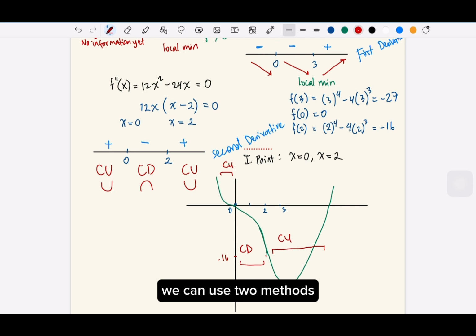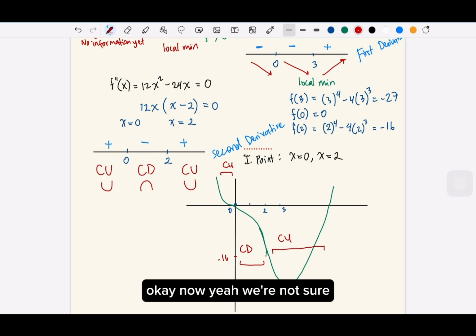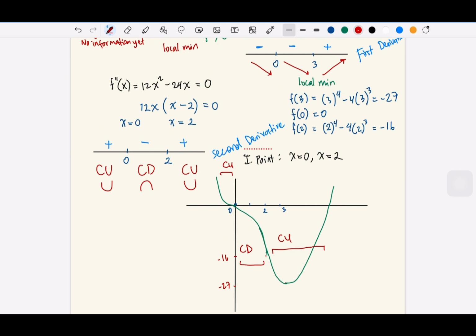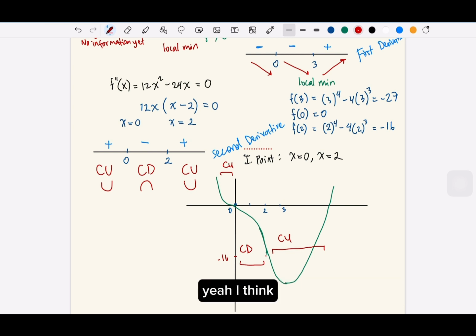We can use two methods. We can use the second derivative, or we can just take the line number, the same conclusion. Okay, any other questions? You said that the 0, we're not sure what it means yet for the second derivative method. Can you show us an example where it means something? Yeah.